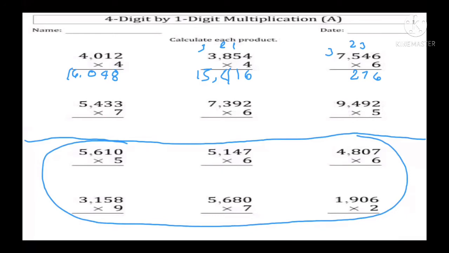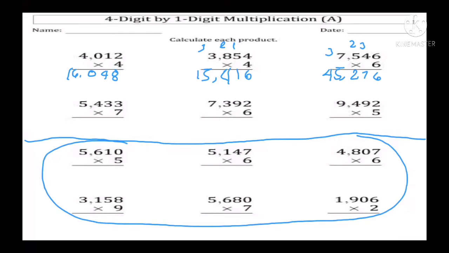It's 42 plus 3. 45. Correct. So our final answer is 45,276. Again, 45,276. Great job.